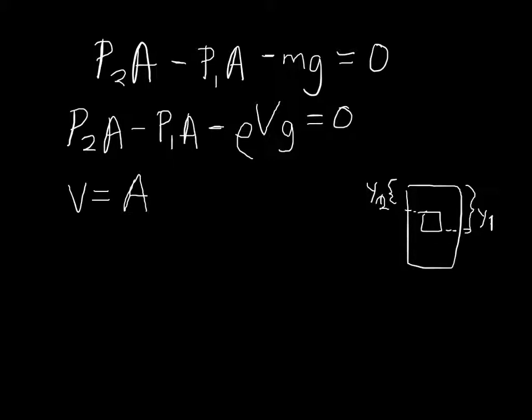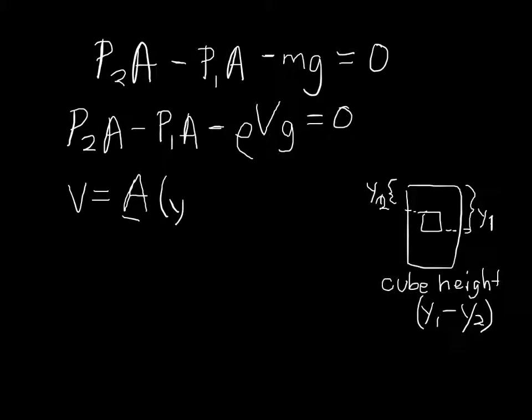So the total height of this ice cube has to be equal to y1 minus y2. So we do the length times the width times the height. Length times width is area. Height is y1 minus y2 to get our volume.